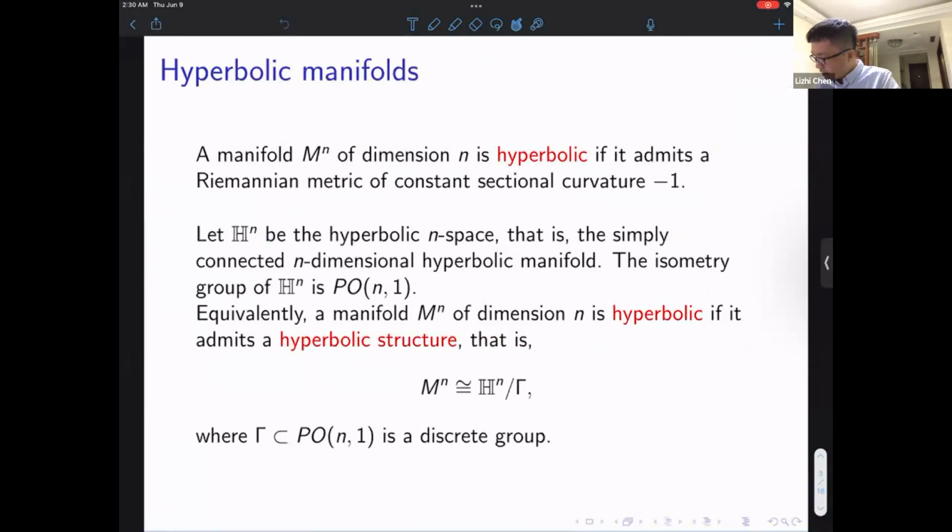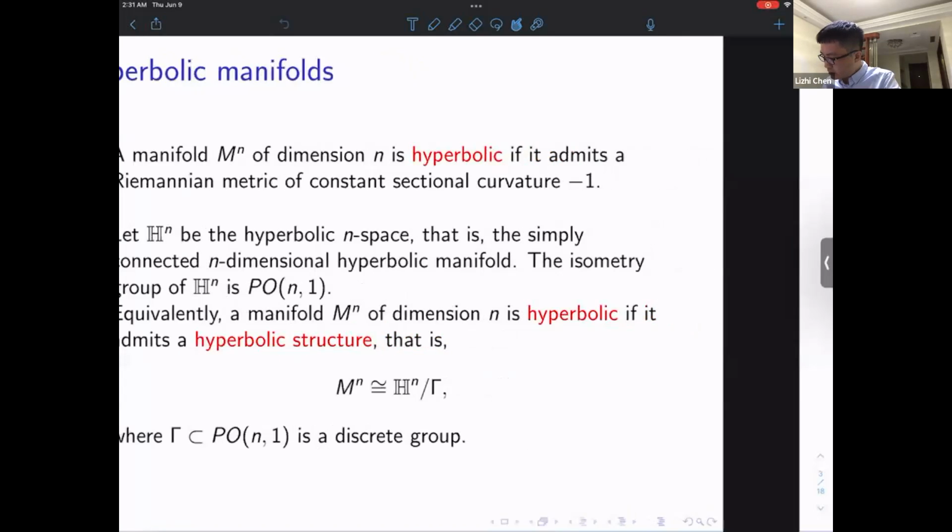A manifold is hyperbolic if it has a Riemannian metric of constant sectional curvature -1. Equivalently, the manifold M is hyperbolic if it has a hyperbolic structure. This means the manifold M is homeomorphic to the quotient space, the hyperbolic n-space H^n modulo a discrete subgroup of the isometry group of the hyperbolic n-space.